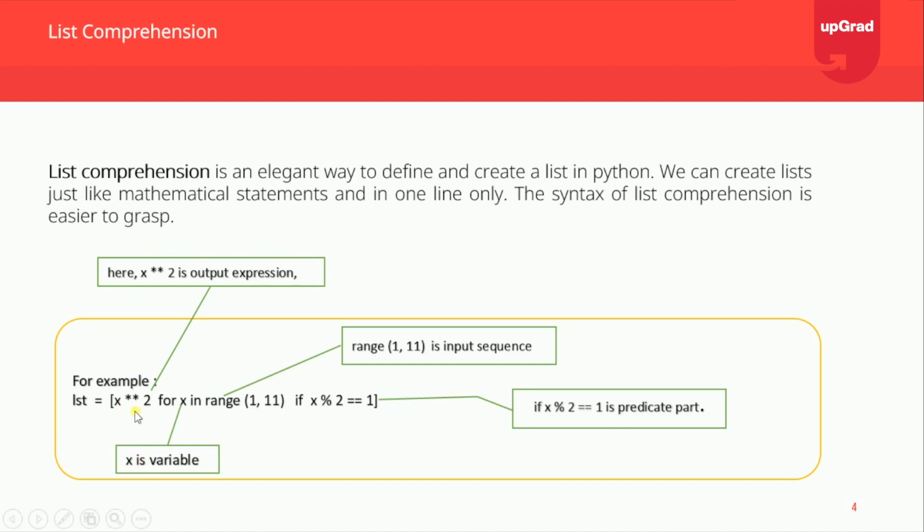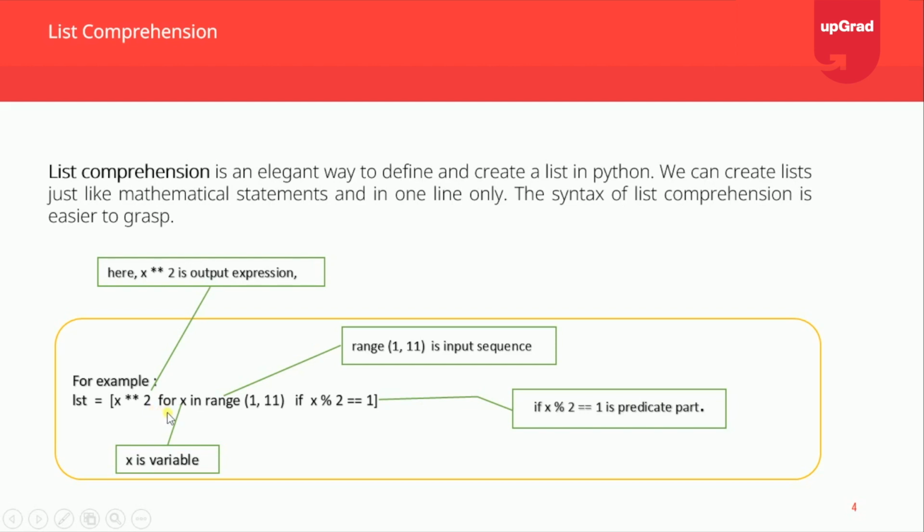There is a condition here that only those x will be calculated if the remainder, using the modulo operator, of that x comes to 1. That means we are calculating the square of only those numbers which are odd in nature.